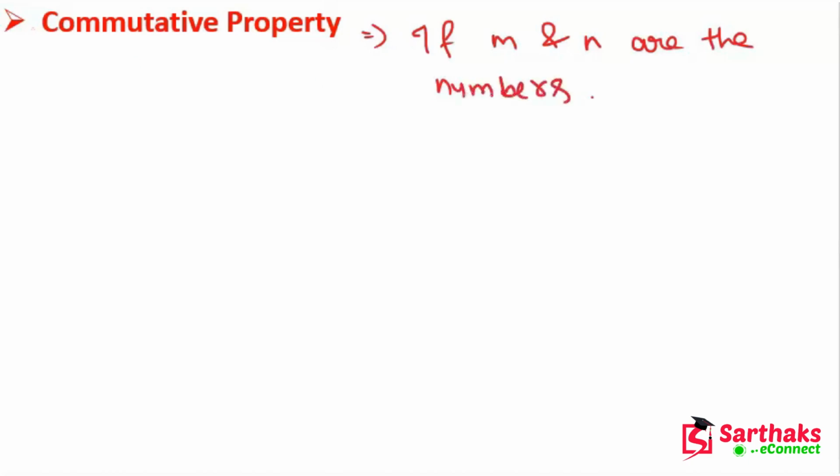Let's suppose m and n are numbers. Then in the commutative property, if we add two numbers, m plus n, or we add n plus m, the result will always be the same. This is for addition.